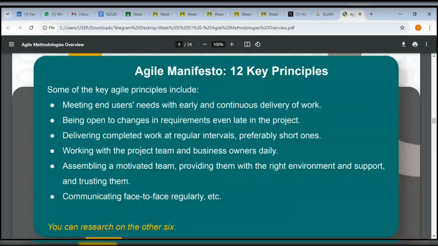So the second key principle we are looking at is being open to changes and requirements even late in the project. Okay, so while you're working on a project, sometimes the industry trend could change. This is an example. The industry trend could change, and something that used to exist would have been obsolete by the time you're done. And this could be in the space of 2 months, which is the highest usually that sprints or product development takes.